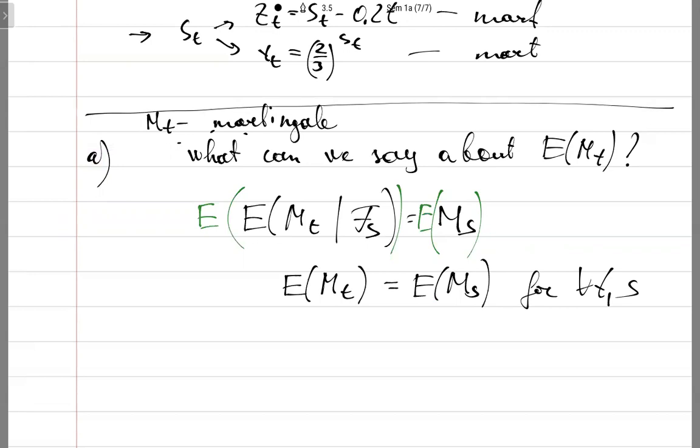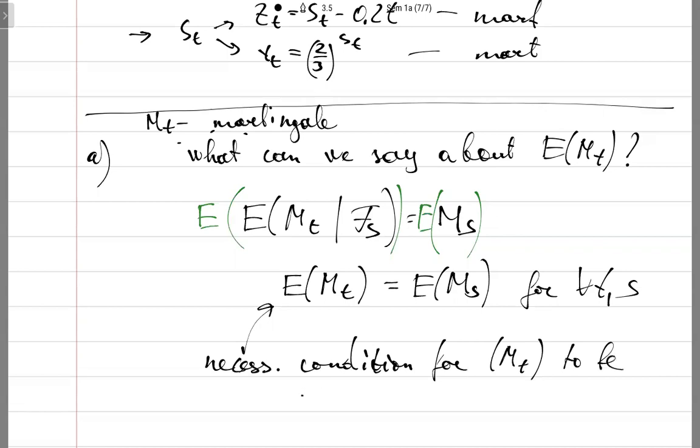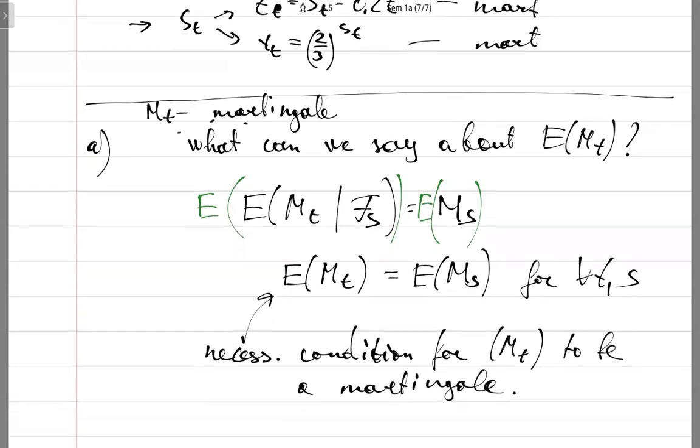It's not sufficient, but it's easy to check. If this property is not satisfied, then the process is not a martingale.